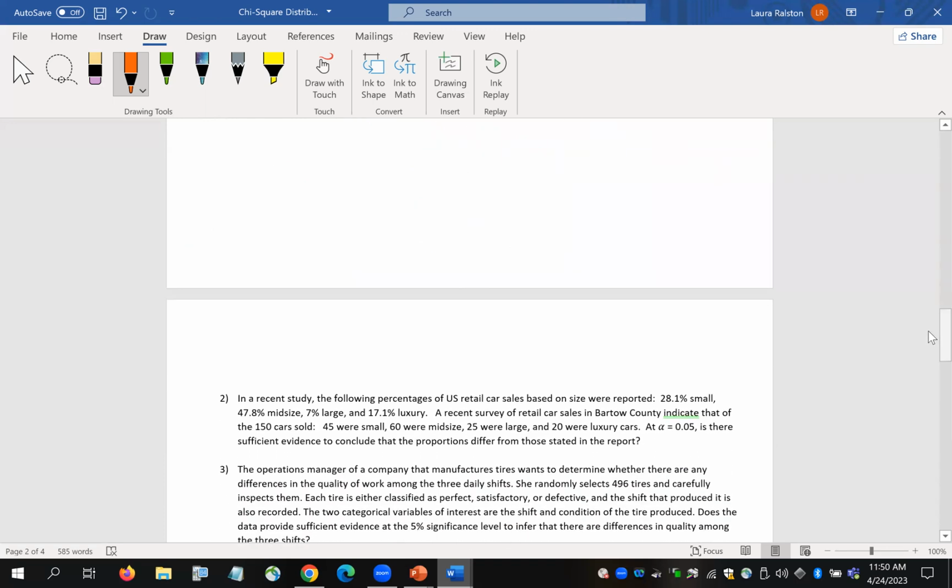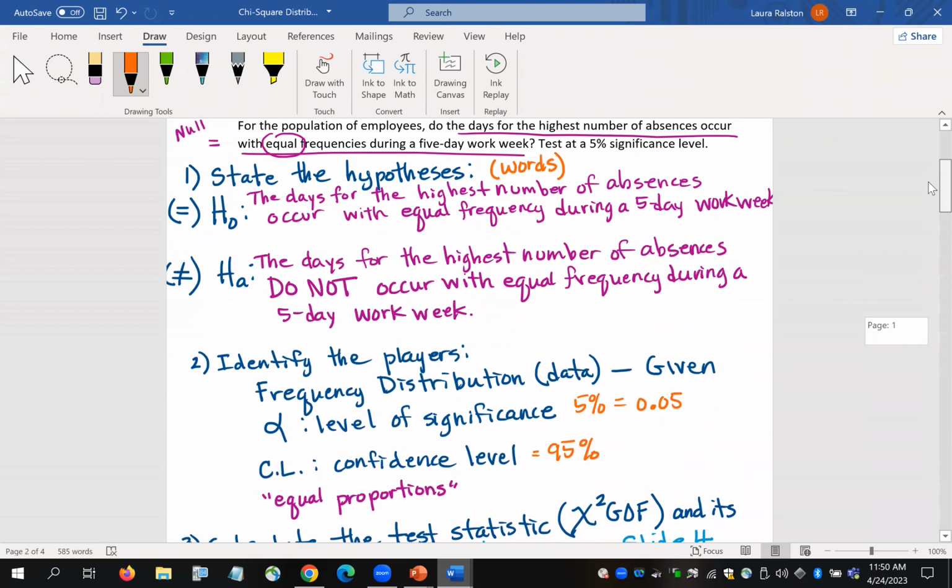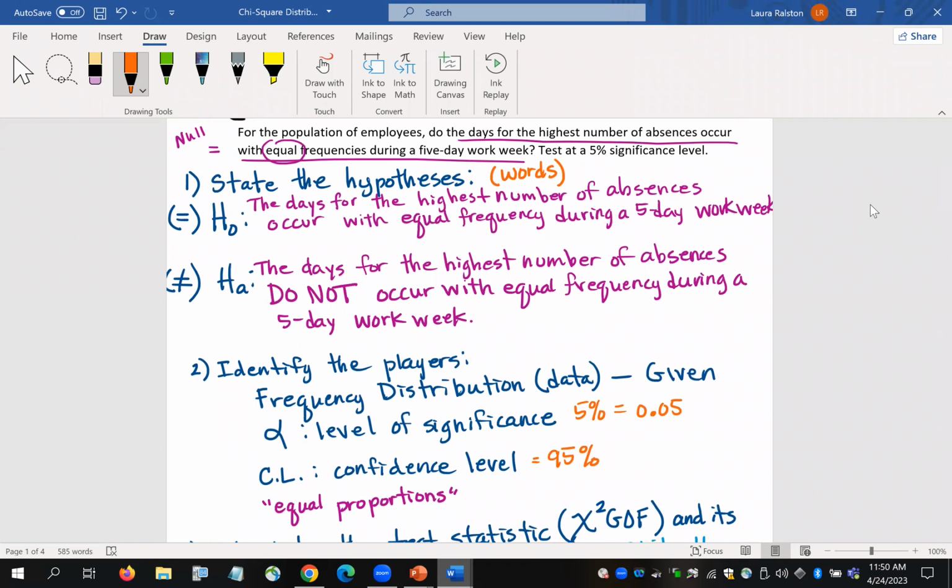If we fail to reject the null, that means the null is true and the alternative is false. Okay.